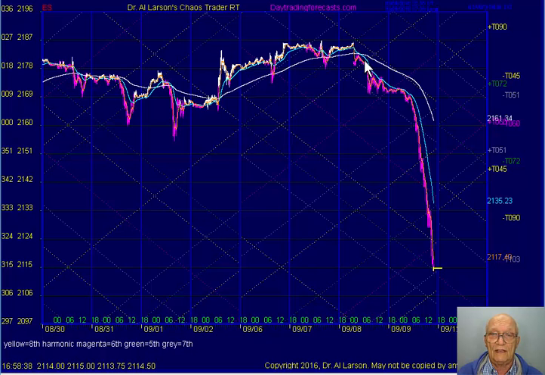But then early in the day, on Thursday, this market came down. My sell point was right in here about 2171.4 in multiple contracts. I just held my stop here.